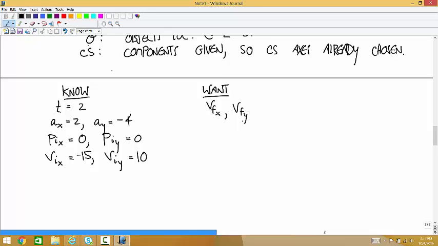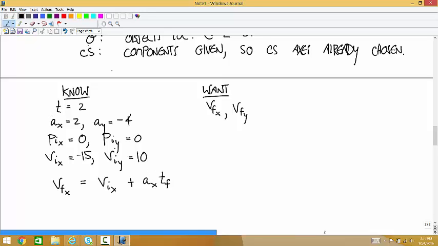Okay, so to calculate VFX, I think we should be able to use this equation. VFX is what we want. VIX is known. AX is known.